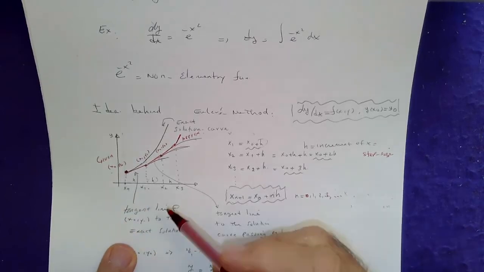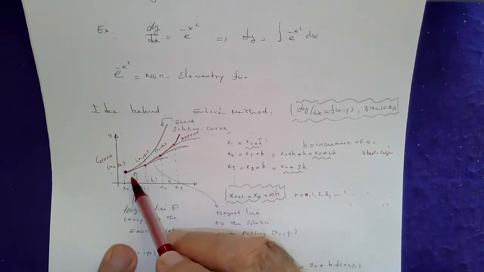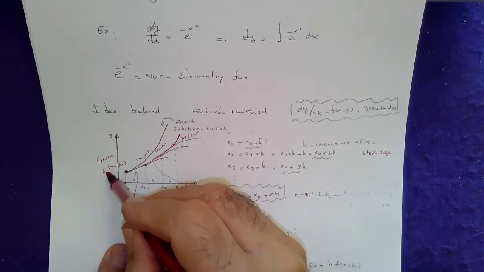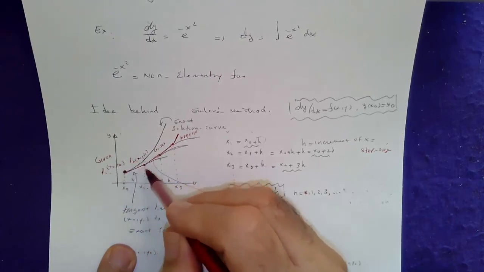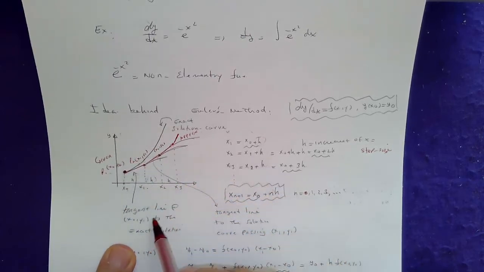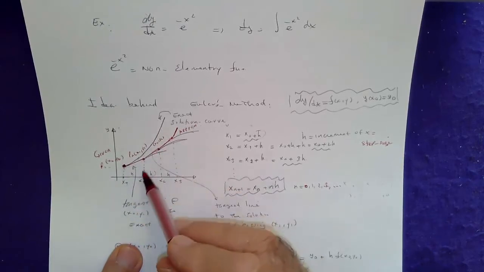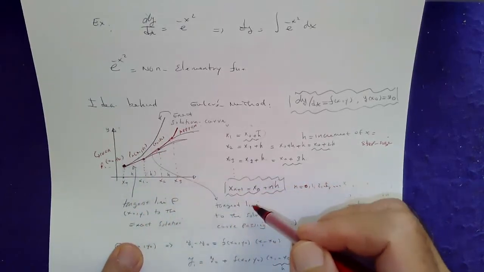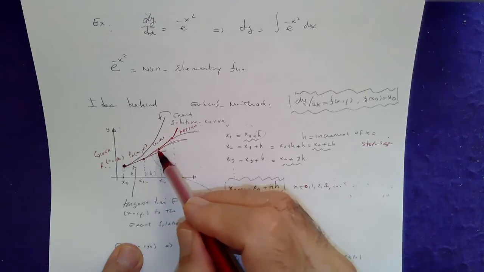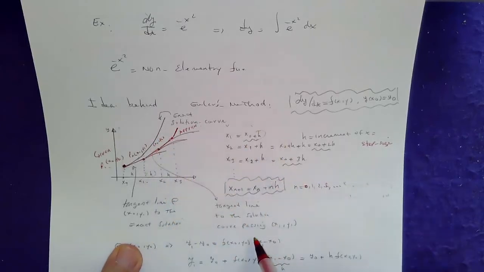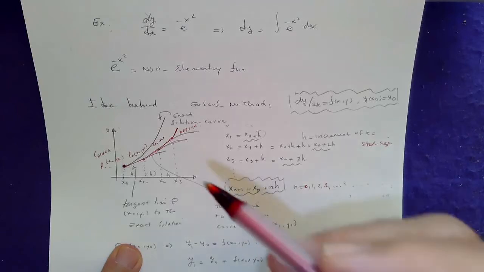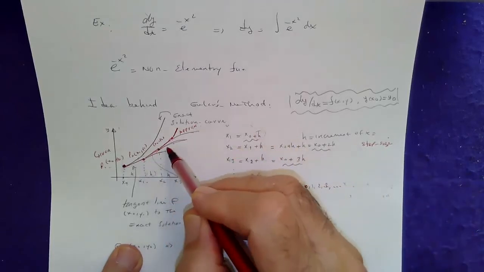Keep in mind, if you connect this point, P1, which is our initial value, to P2, that would be the tangent line to the exact curve. However, from that point onwards, these tangent lines are not tangent to the exact curve. They are tangent to the solution curves passing through these points.